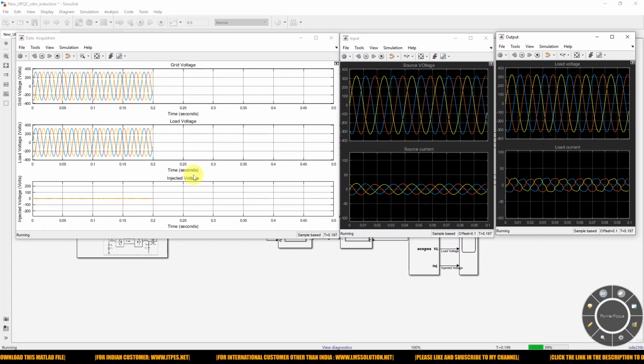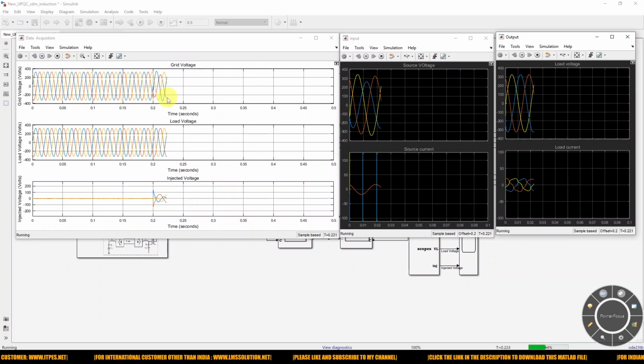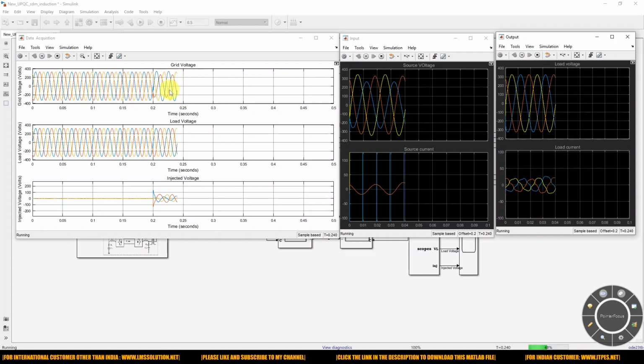Now you can see that at 0.2 second the fault occurs. Because of that, you can see here that this voltage, the red color voltage, is having a sag, right?